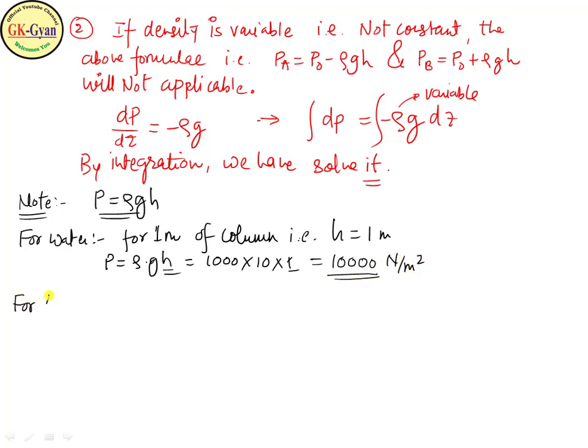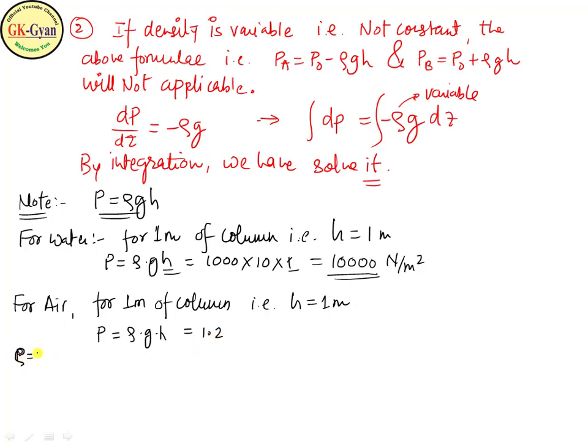Similarly, we take for air, for 1 meter of column of air, that is H equal to 1 meter. We know pressure is equal to rho into G into H. Here density of air at standard temperature, we know it is 1.2. We find rho by the formula rho equal to P by RT.